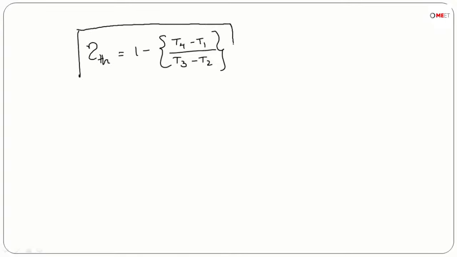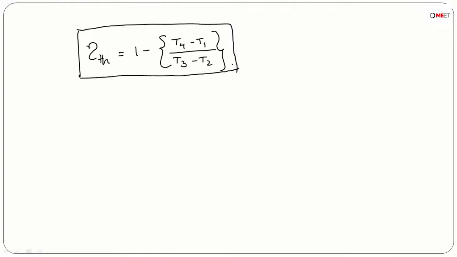So now the thermal efficiency is 1 minus (T4 minus T1) by (T3 minus T2). So this is the thermal efficiency in terms of temperatures.